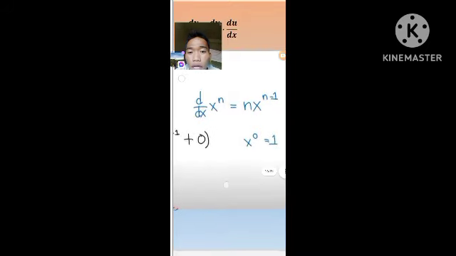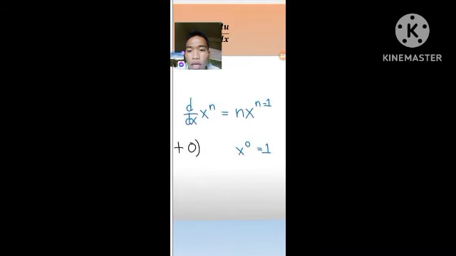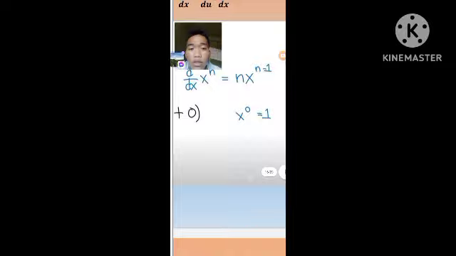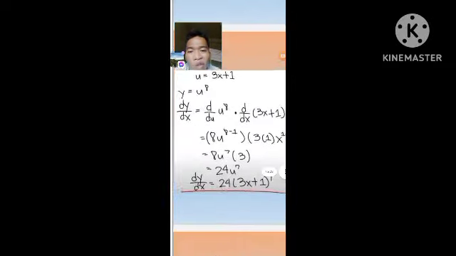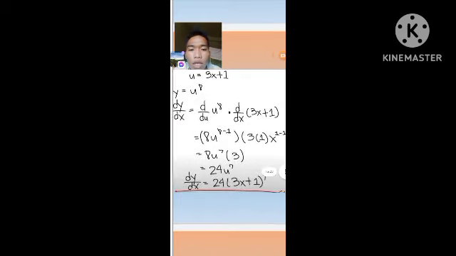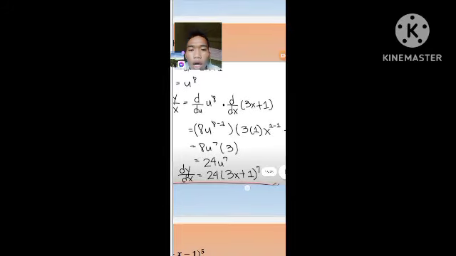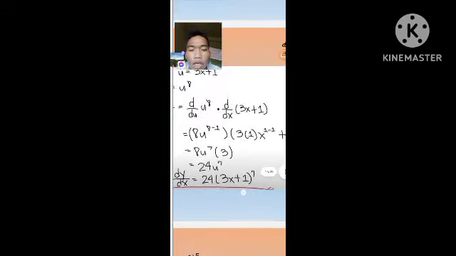D over dx of x raised to the power of n equals n x raised to the power of n minus 1. And then x raised to the power of 0 equals 1. So dy over dx equals d over du of u raised to the power of 8 times d over dx of our u, the 3x plus 1.